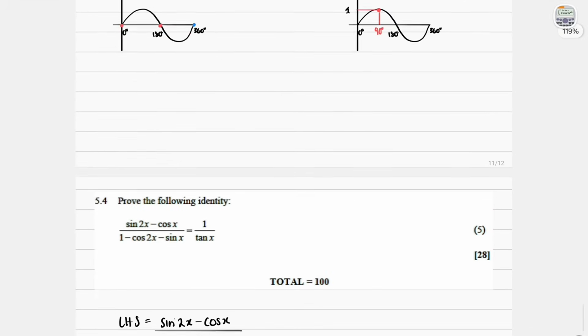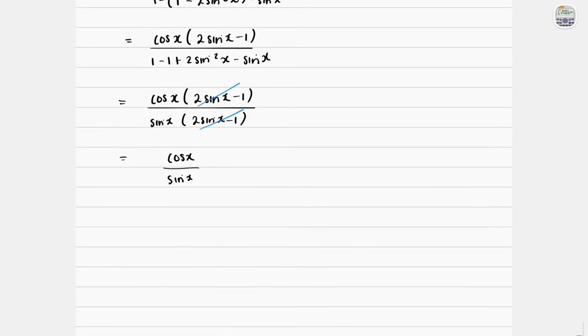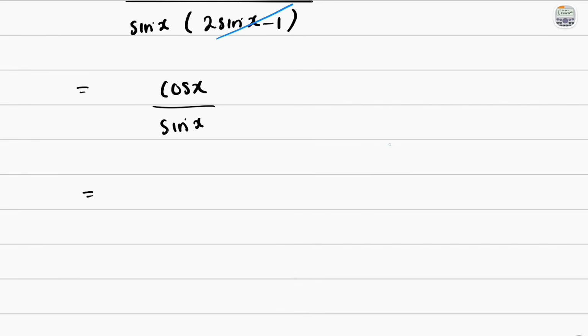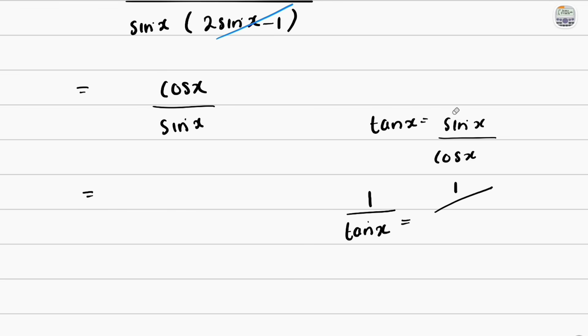Okay, and you see that it's supposed to be equal to 1 over tan x. That is true. So just remember that if tan x is equal to sine x over cos x, then 1 over tan x, which is actually our answer, I'm just trying to show you something, this is equal to 1 over sine x over cos x. If you divide these two, you will see that it's just the reciprocal. Okay, you're just going to say 1 divided by sine x over cos x.